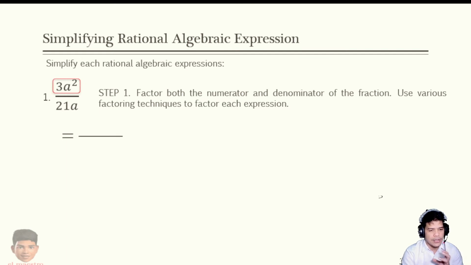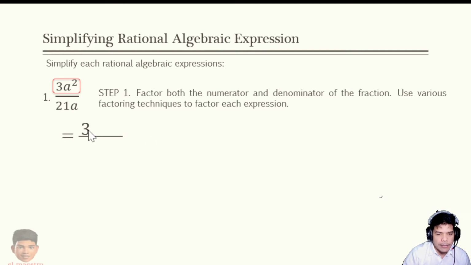So, unahin natin yung number or the constant part. So 3, ano ba yung factor ni 3? The factor of 3 is 3 times 1. This is a prime number. Kaya, the only factor na meron yung 3 is 3 and 1. So automatic, lagay mo yung 3, wag na yung 1. Okay? O, pero kung gusto mo lagyan ng 1, it's okay.